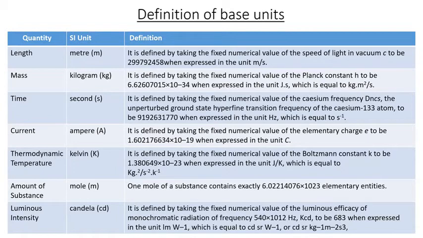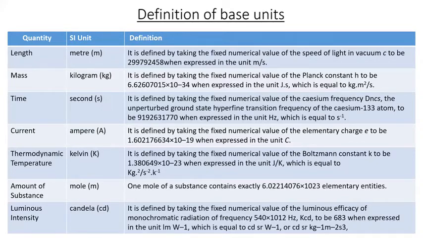Now let's discuss the 7 base quantities and their SI units and the definition of those units. The first quantity is length, its SI unit is meter, and this unit meter is defined through the speed of light, which is constant at all times. The second quantity is mass, whose SI unit is kilogram and is defined with the help of Planck's constant, which is set to a constant value.